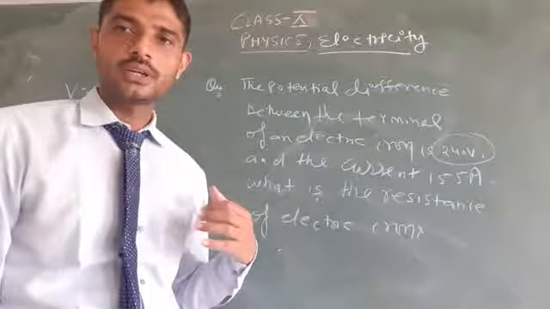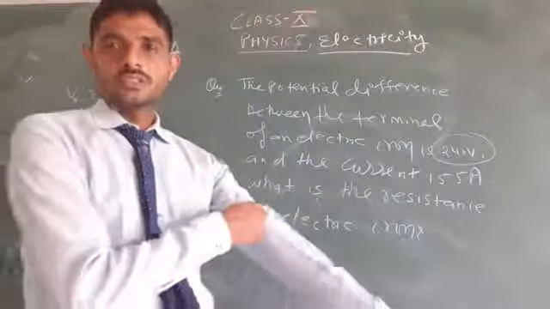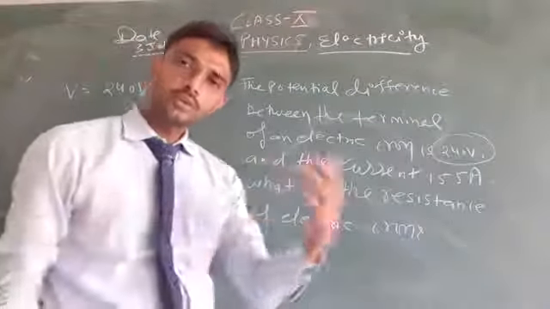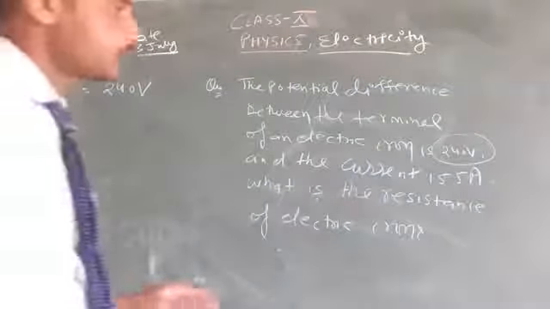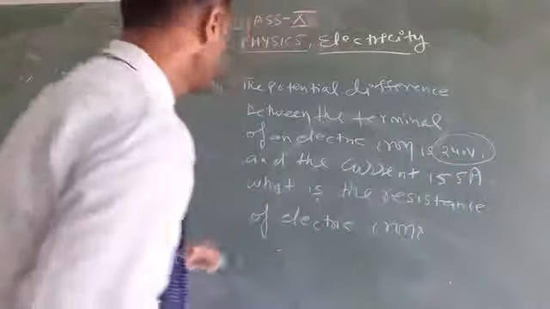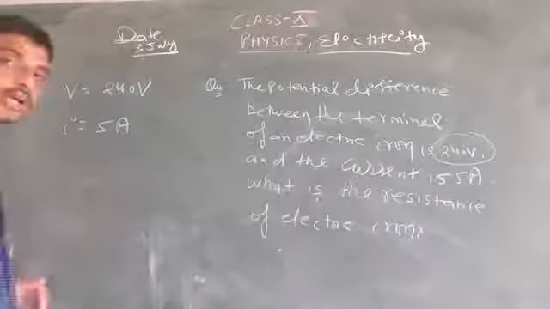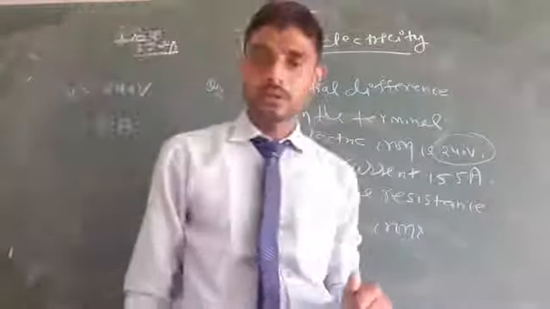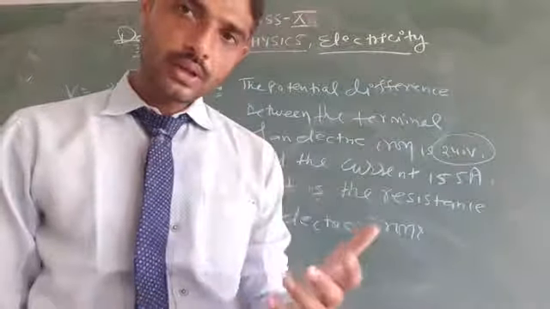In a domestic circuit, light will come from the electric station via a transformer. And what is the value of current? The current is 5 ampere. Ampere is the unit of current.